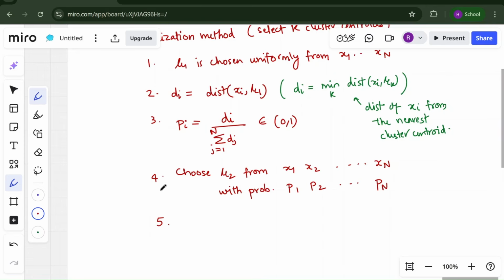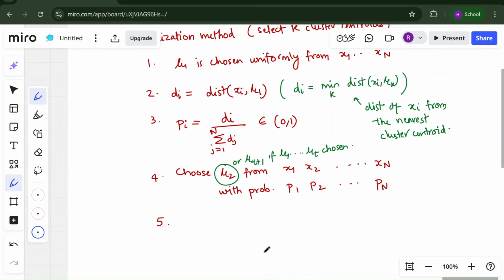So instead of mu2, if you have already chosen, let's say, t of them, then this will be mu t plus 1, if mu1 up to mu t are chosen.